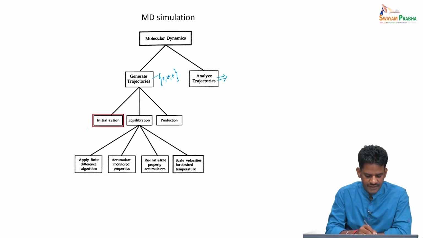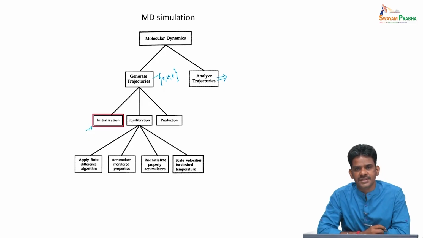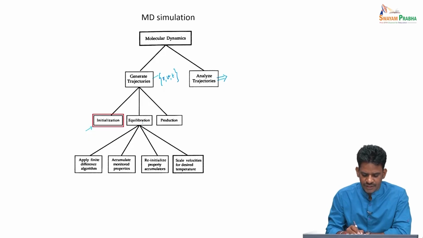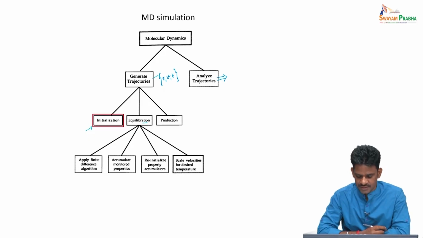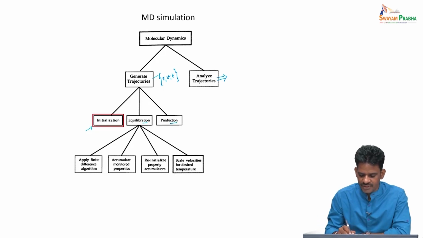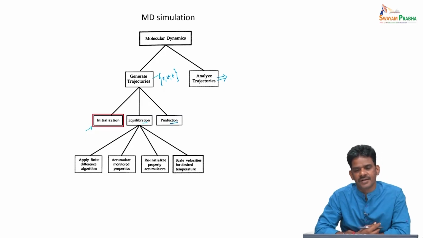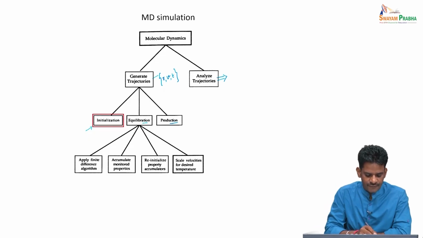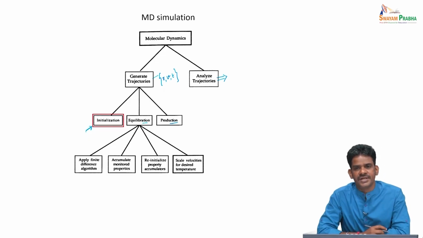For example, we need to first initialize the simulations, and then do what is known as equilibration and then production. The production run is one in which we actually accumulate properties of our interest. In this particular lecture, we will focus our attention on initialization and how to do this.